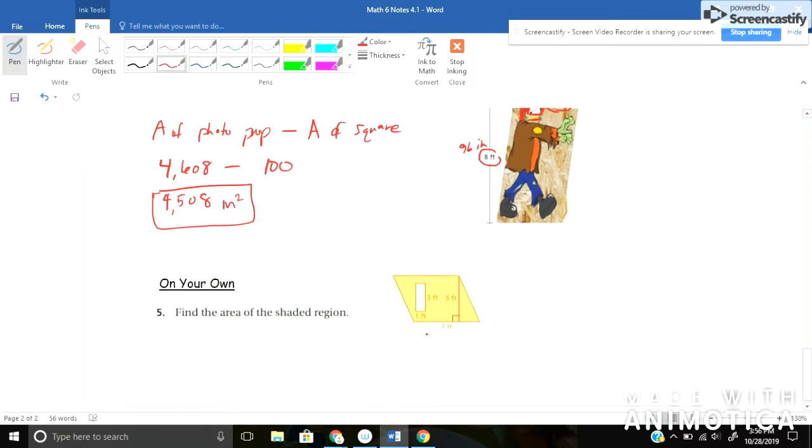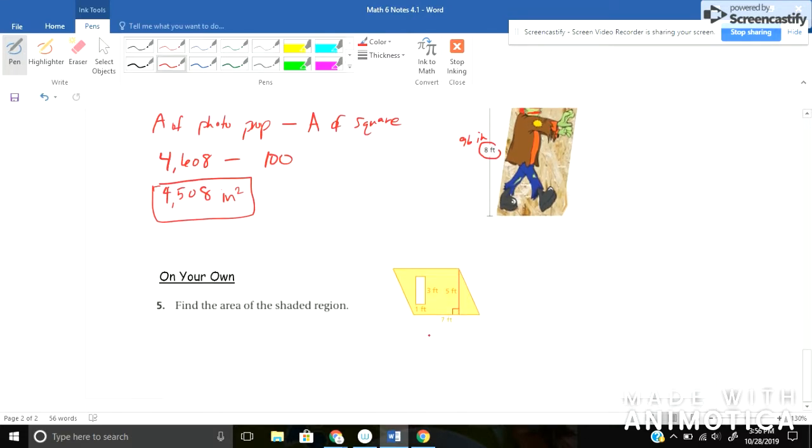All right, pause the video and try the last one for the on your own. Okay, hopefully you had a chance to do that, and let's see what you came up with. It wants the shaded region, so again we should take all of it and subtract this region because this looks like it's cut out.